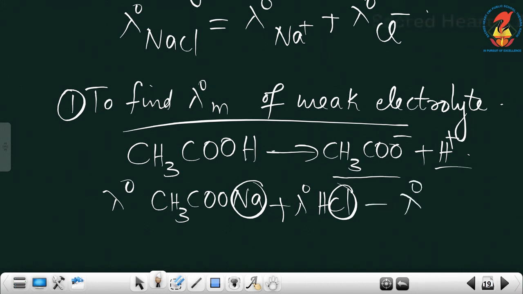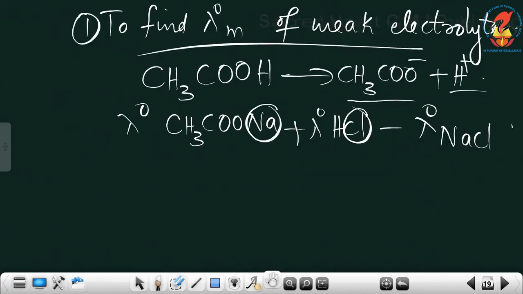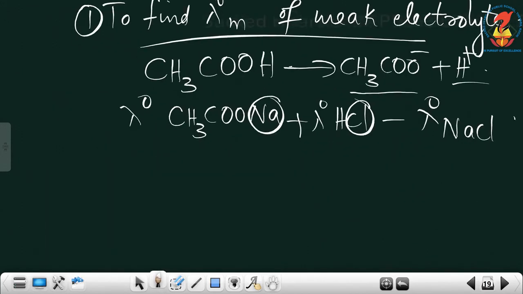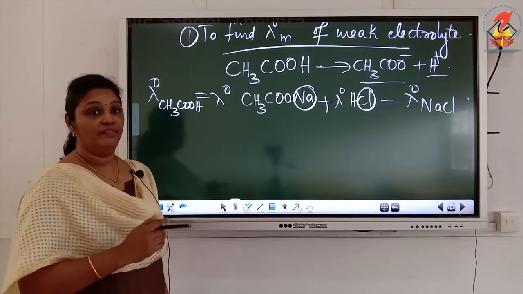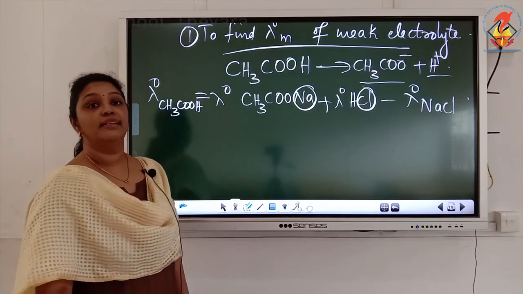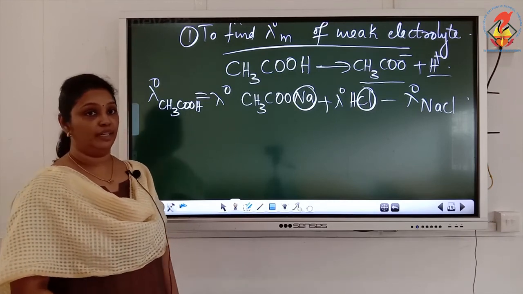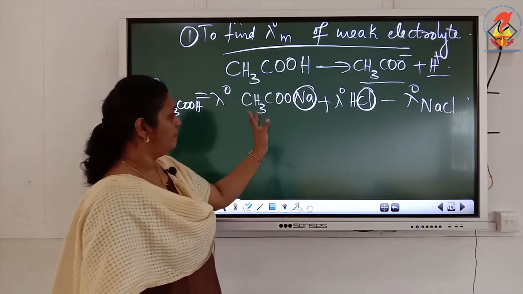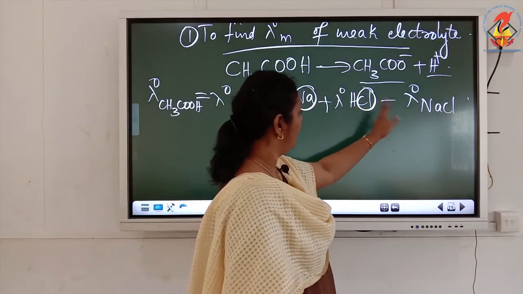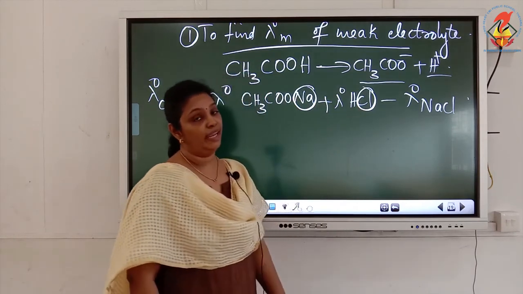So minus lambda naught NaCl will give the value of lambda naught of acetic acid. So lambda naught of acetic acid is equal to lambda naught of sodium acetate plus lambda naught of HCl minus lambda naught of NaCl.